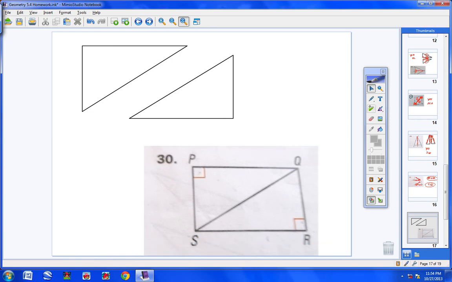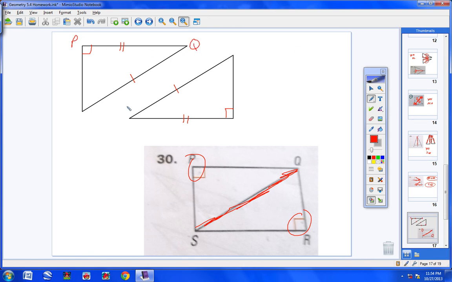Now, look, I know I have a right angle here because of this, and I know that I have a right angle here because of this. And then because these two triangles share this side right here, I know this side is congruent to this side. So look, if I can just state that one more part, like this part here, is congruent to this part here, what would that be?